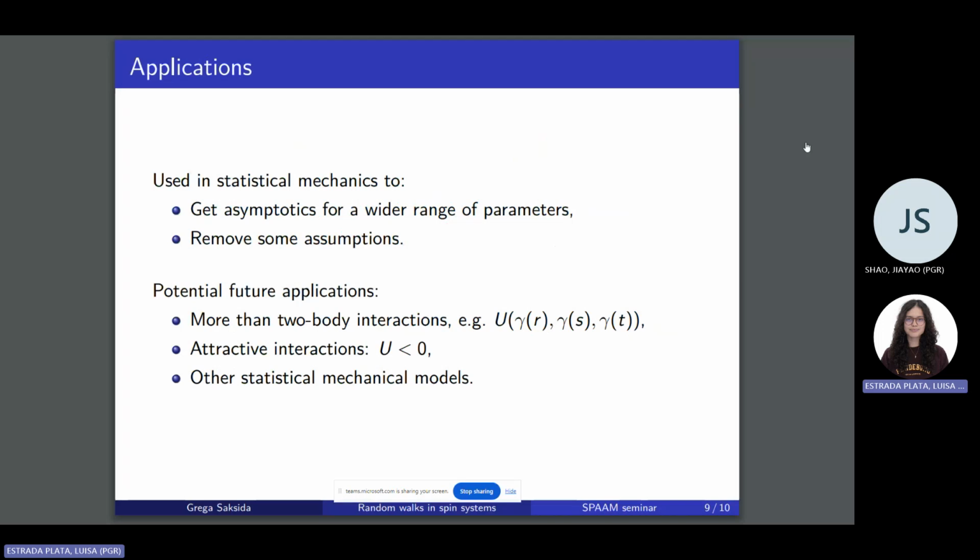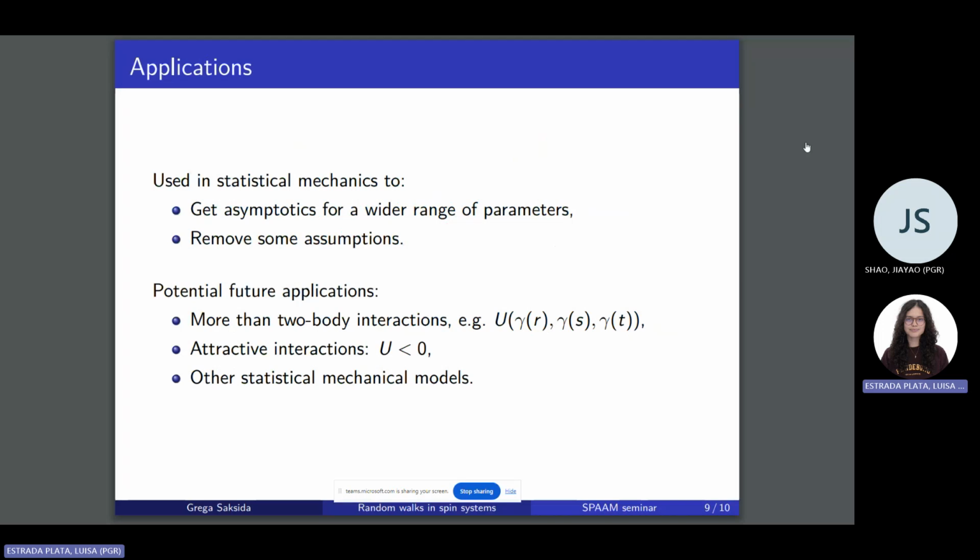This is actually what we are trying to do now, to apply it to some statistical mechanics models where it hasn't been applied yet. But the first challenge is to write your system in a form that will allow you to apply the lace expansion. And then the other challenge is to figure out all the technical details.